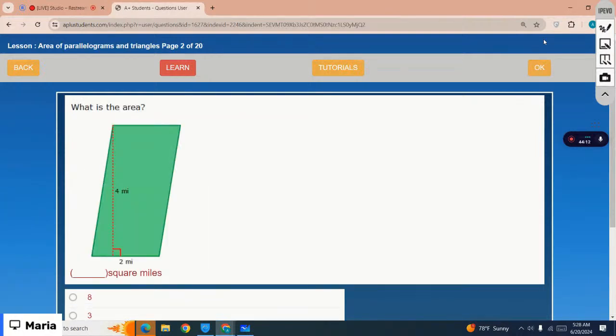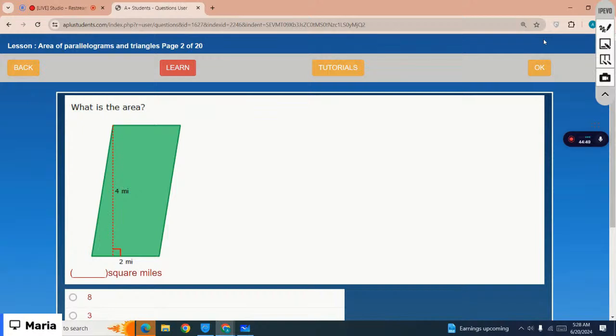What is the area? Yes, length times width it is.